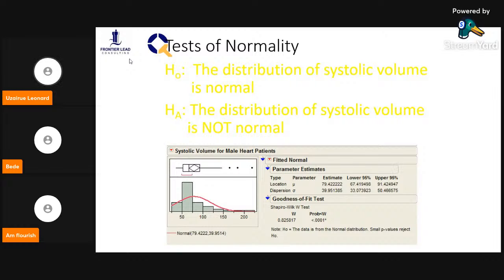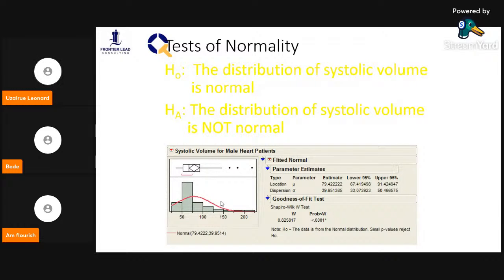The first outcome here is the box plot. You can see that the box plot is not at the center and there are outliers. Then when you check the histogram, you can see that it is not tallying with how normally distributed data looks.